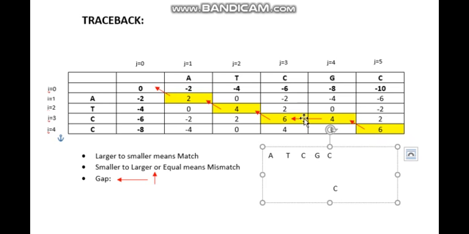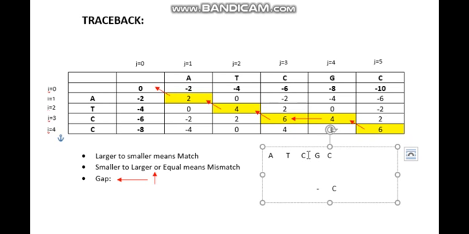Now here we have a horizontal arrow, and when we have a horizontal or a vertical arrow, that indicates a gap. So here we'll put a gap, and to indicate a gap, we'll just put a dash, right? Then moving on, we have another diagonal arrow, and we're moving from a larger to a smaller value once again.